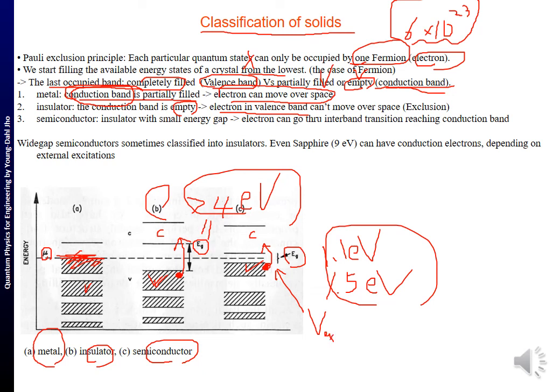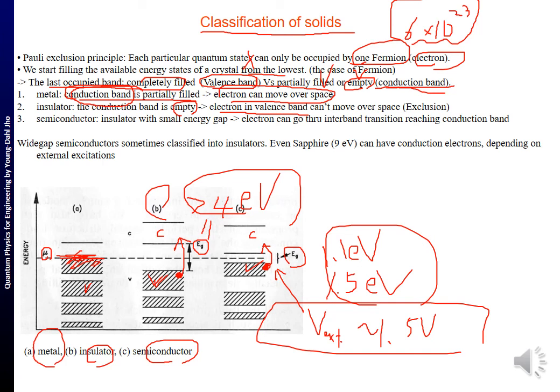Okay. Usually we can easily have an external voltage like 1.5 volts from a battery, for example. If 1.5 volts is applied to an electron, the electron should have 1.5 electron volts, right?